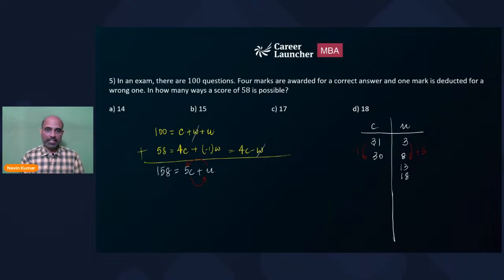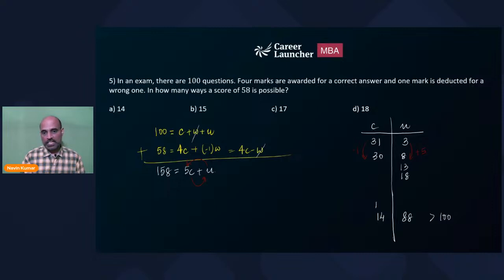If you are at 31 and if we keep on subtracting 17 times, we'll end up having 14, right? So if C is 14, that is 70, and U is going to have 88. Now 14 plus 88 is already more than 100. So we can't have that.